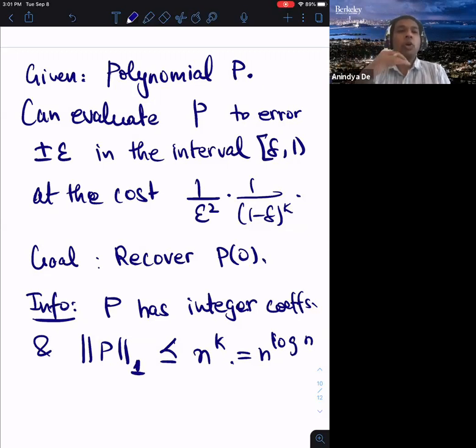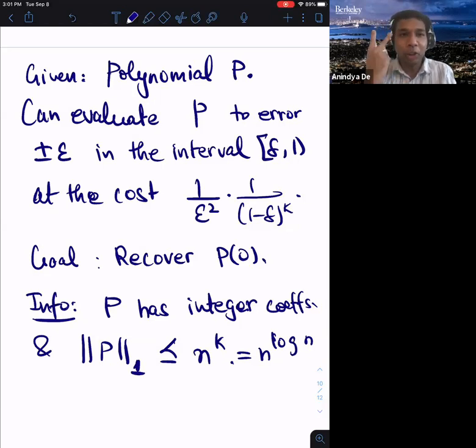Ignoring time complexity for the moment, the question is: can there be two different integer coefficient polynomials, with different constant coefficients and L1 norms at most n to the log n, that are super close in the interval delta to 1?